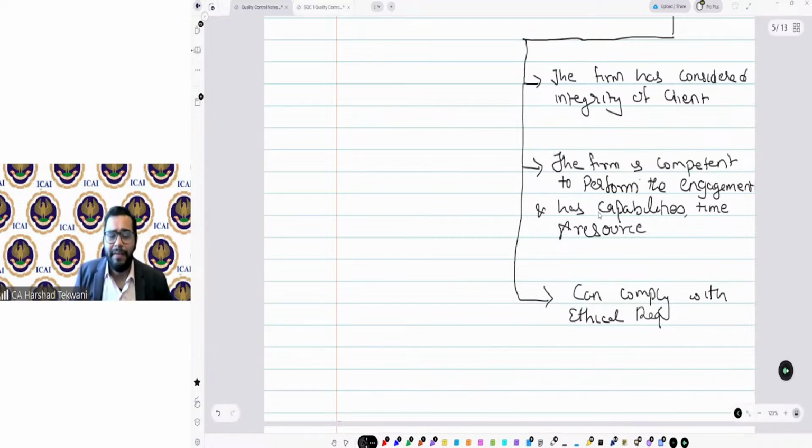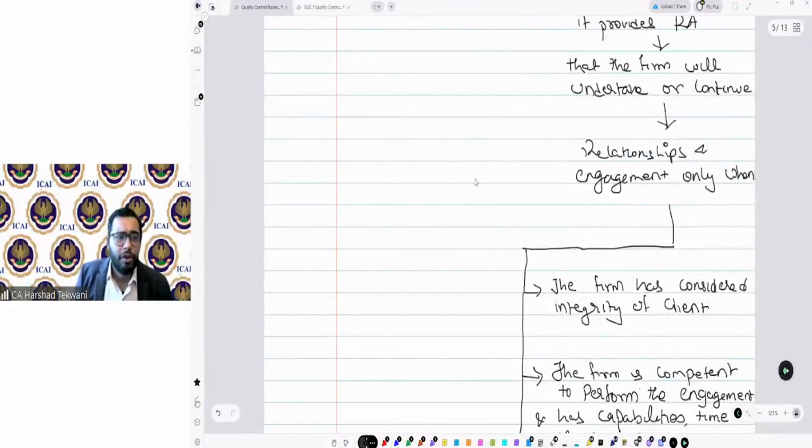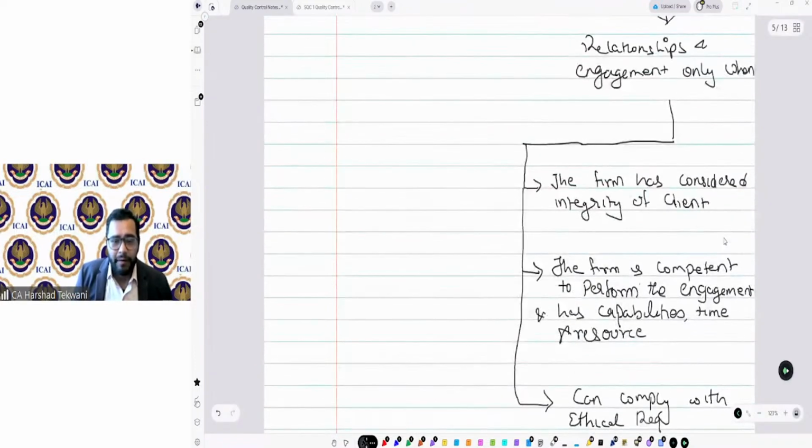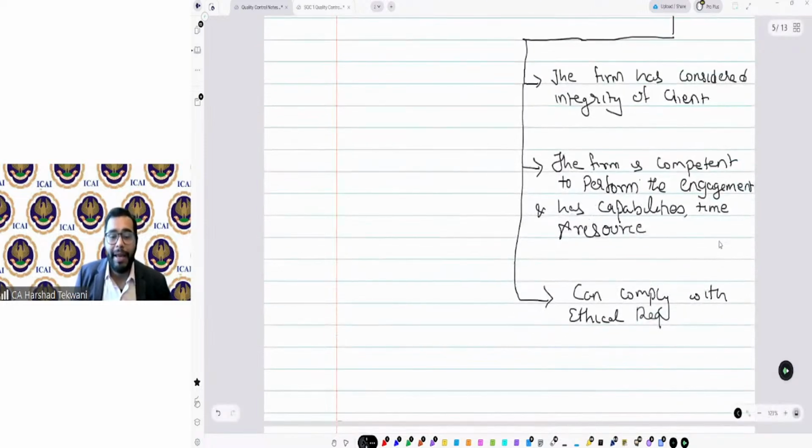If I can get satisfaction or reasonable assurance on these three areas, then I can say, yes, I can accept the client and continue the client, engagement or relationship. The firm has considered the integrity, the firm is competent to perform the particular engagement, and the firm can comply with the ethical requirements.